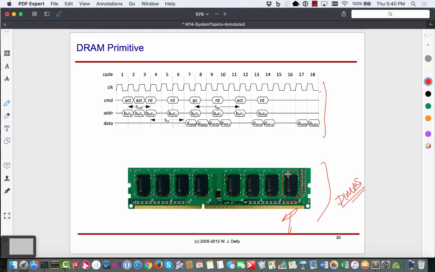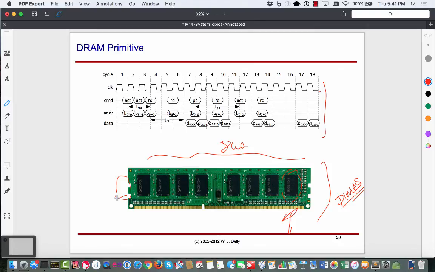Oftentimes, these are designed for an 8-bit parallel output. Each chip is 1 bit. Oftentimes, you may see a 9th chip out there. Why do you think it might be, even though it's an 8-bit DRAM? Memory errors. One of the banes of modern shrinking technologies is that bits are no longer very reliable.